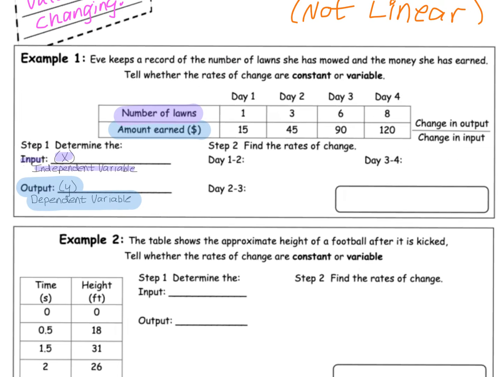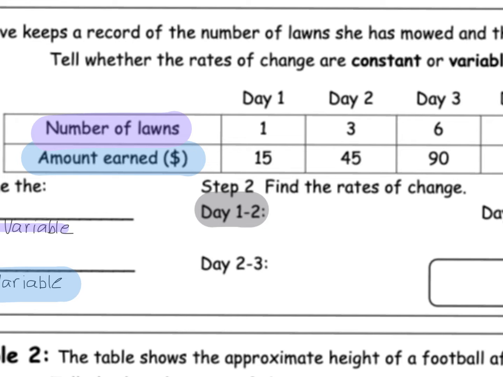In order to find the rate of change, step 1 tells us that we need to find the rate of change between each day. So first, let's do between day 1 and day 2. You don't necessarily have to show this the exact same way that I'm showing it. When I have a horizontal table like this, I just make an arrow, because it's asking us to find the rate of change between day 1 and day 2.